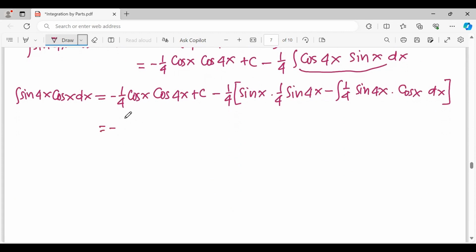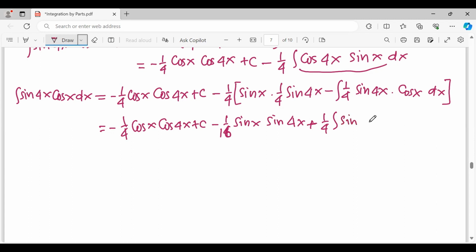It becomes minus a quarter cosine x cosine 4x plus c, minus a quarter times 1 over 16, because 4 times 4, sin x sine 4x, minus a quarter integral, which becomes positive here because of the minus, sine 4x cosine x dx plus c.